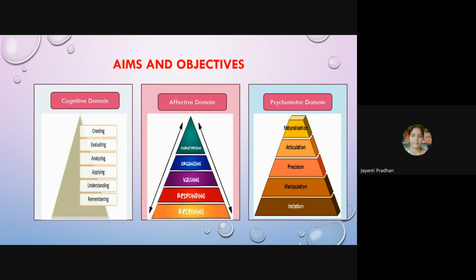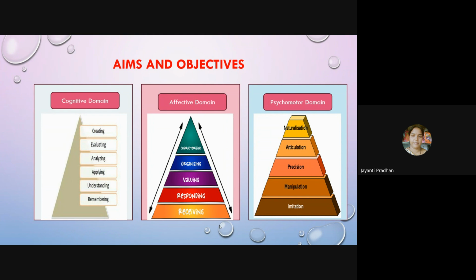The cognitive domain, as I said at that time, is related to the thinking process. Here also the same. The cognitive domain is related to the thinking process because cognition is related to brain development. Affective domain is related to emotion or liking or the attitude. So cognitive domain is the thinking process, affective domain is the attitude, and psychomotor domain is the skill.